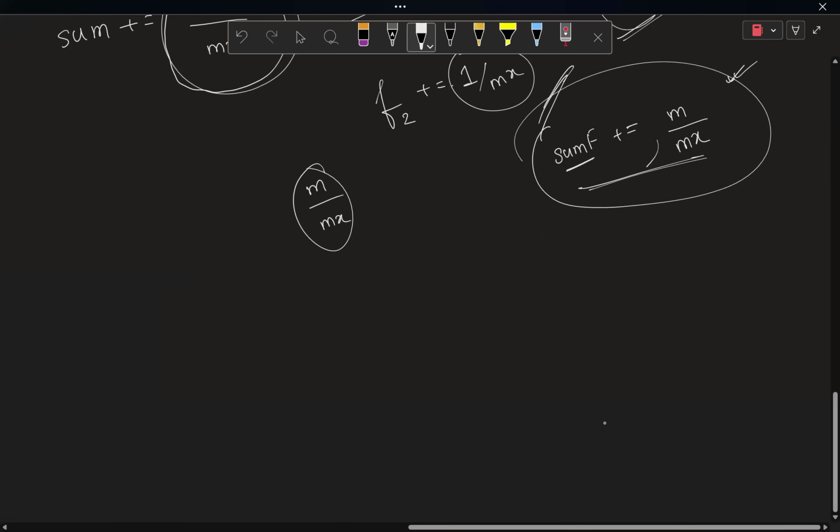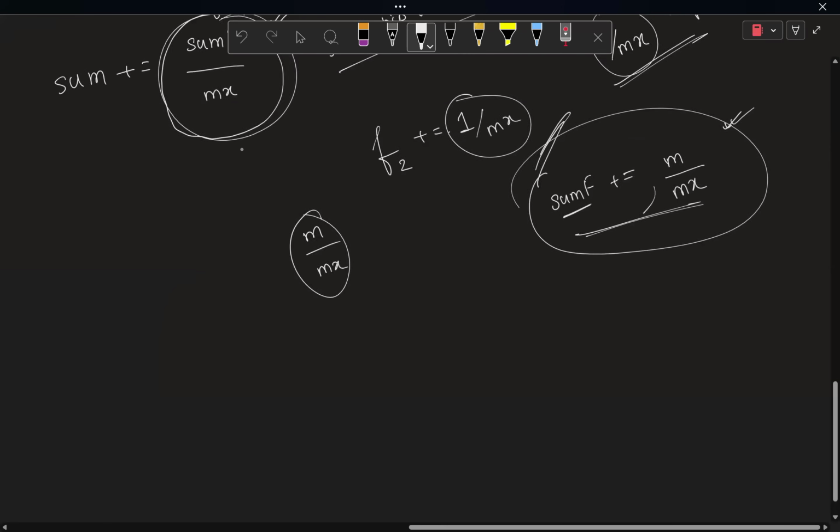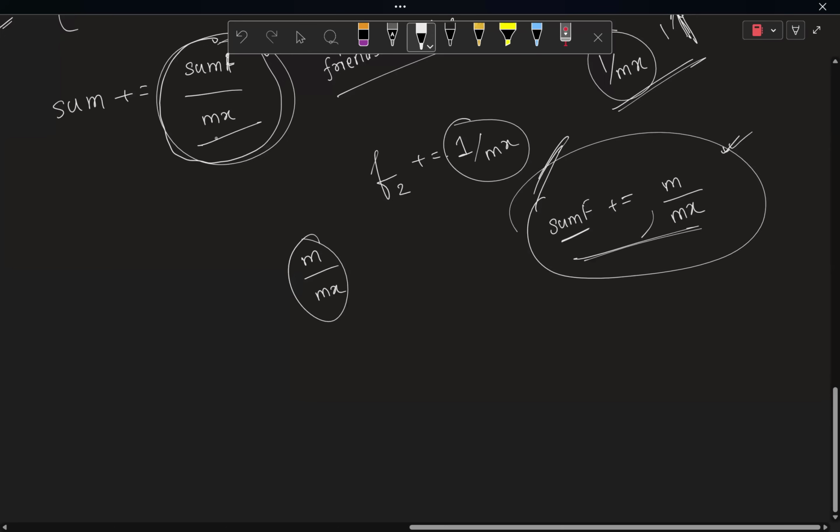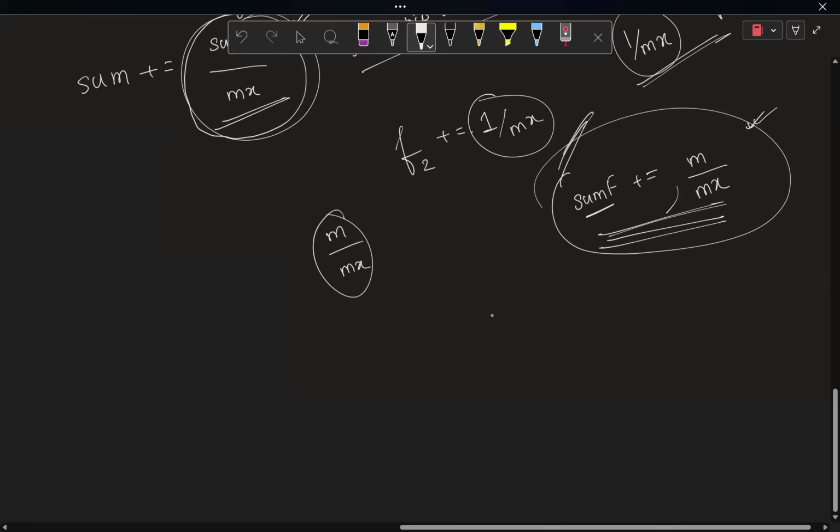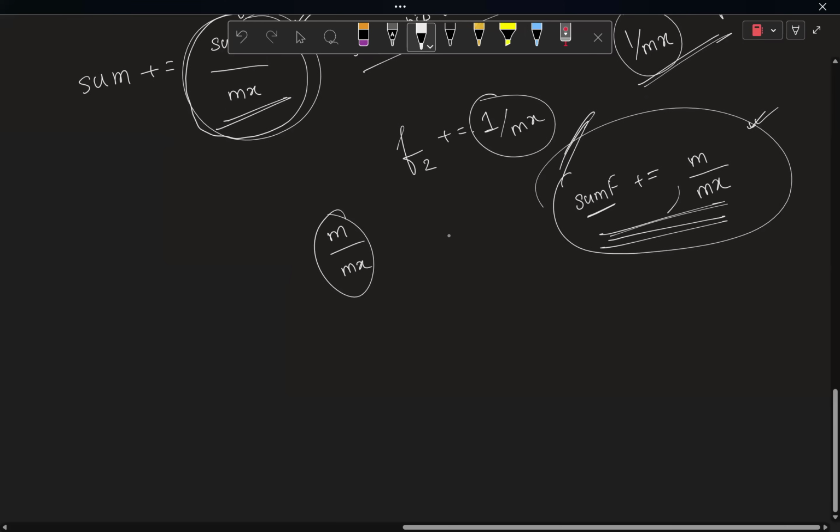So for every excursion, I'm increasing sum f by the expected value for the current excursion, and the expected increase overall for all the friend pairs is m by mx. I increase that, and I just brute forced it for all the excursions.